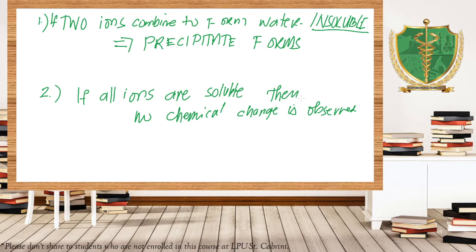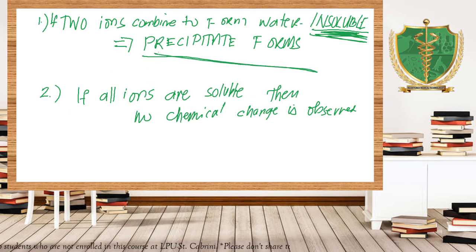If two ions combine to form a water-insoluble compound, I'm emphasizing insoluble, then a precipitate will form. This precipitate will indicate that these ions are water insoluble.